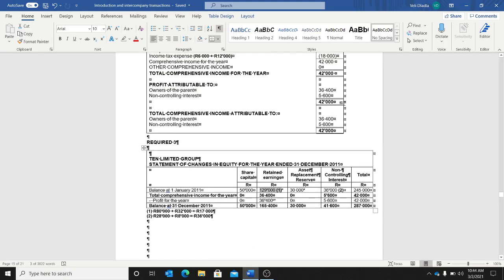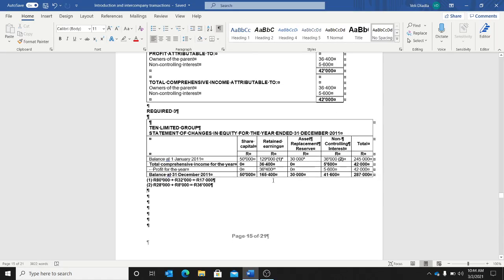Right. And then you transfer this figure here. You see the figure I've highlighted from the income statement to here. These figures must always be the same. Okay. This one that you put here must always be the same as the one that you'll put here. Right, then that gives you your retained earnings of 165.